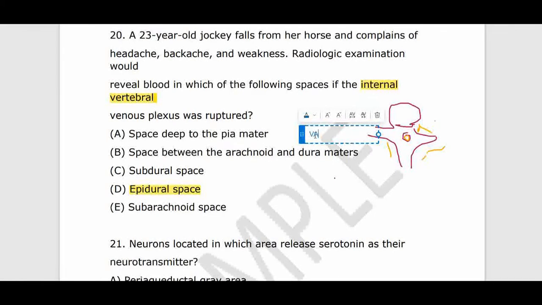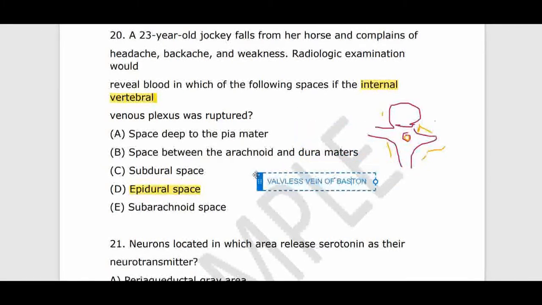Valveless vein of Batson, whether it's Baxton or Batson, I think it's S. So this valveless vein of Batson is still the same veins here, and that is what provides a spread route for prostate cancer. So you start having back pain when a patient has metastatic prostate cancer. All right, so we can move on.